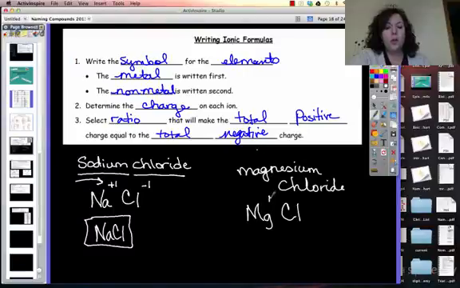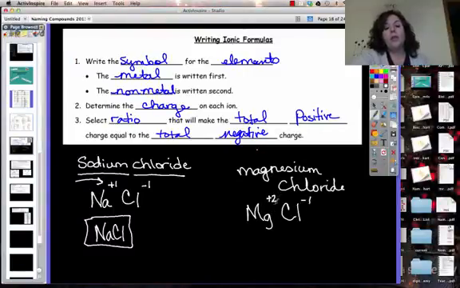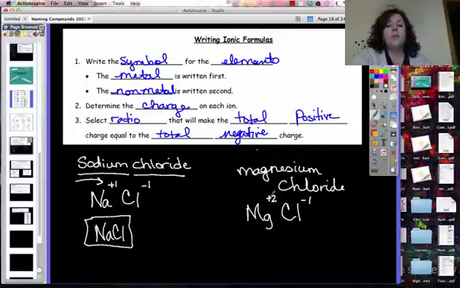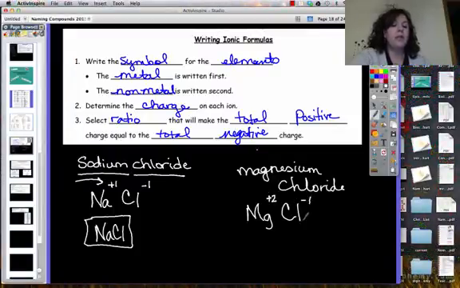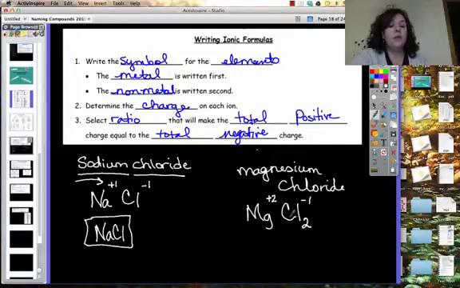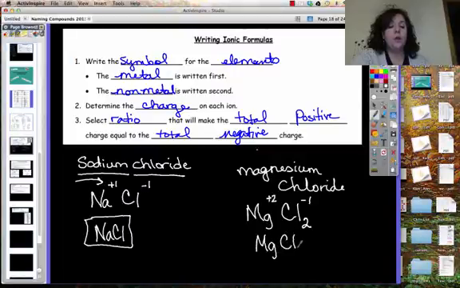So we're going to do +2, -1. Now the ratio that will give us the same charge on this: this is a +2, so we need to get a -2 charge to balance it out. And the only way to do that is to have two of these. So that gives us MgCl2 as our formula.